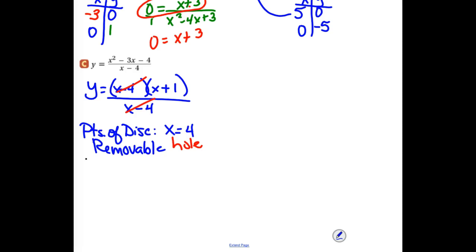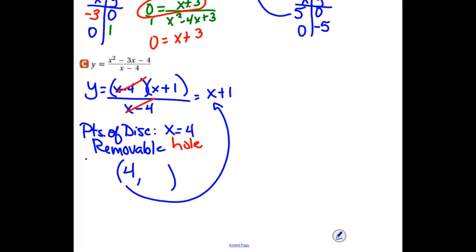When I go to draw this picture, I'm really just graphing y equals x plus 1, but then I would have to draw the hole in. Okay? How do we find the location of that hole? We know the x value has to be 4. We're going to put 4 into our simplified equation. We can't put it into the original one, right?